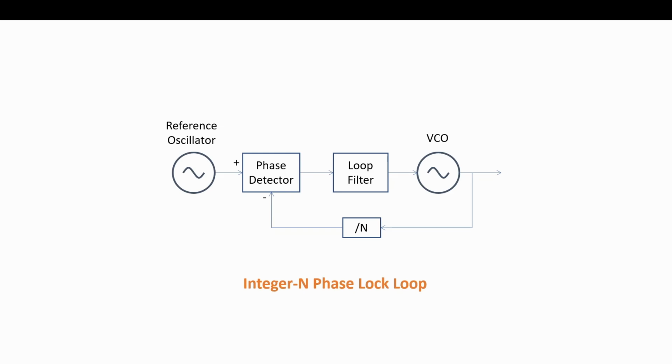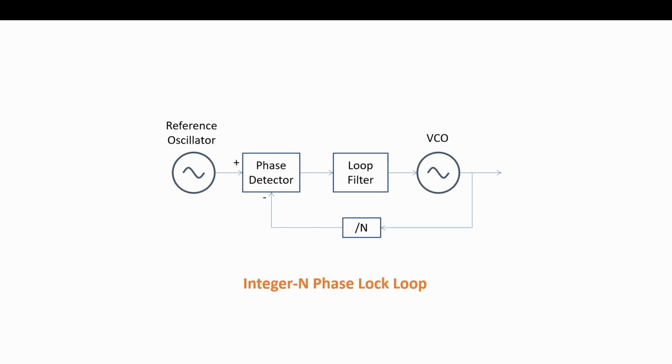We're going to take that output frequency and we have a frequency divider that's going to divide it down so that it matches the same frequency as the reference oscillator. Then we use a phase detector that's going to measure the phase between those two inputs, and that's going to give us an error signal. Ideally, we want 0 error.